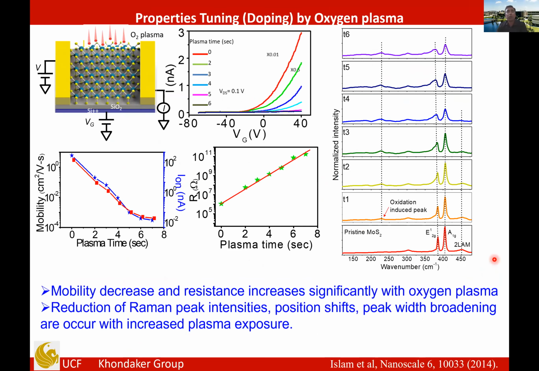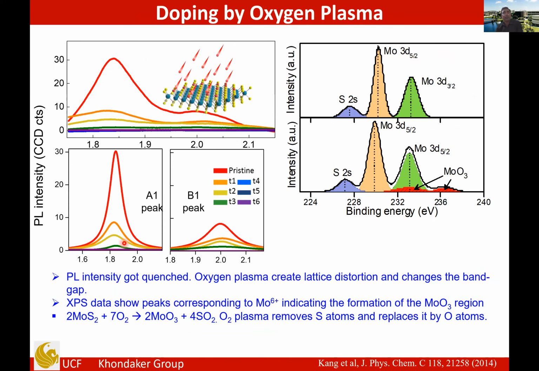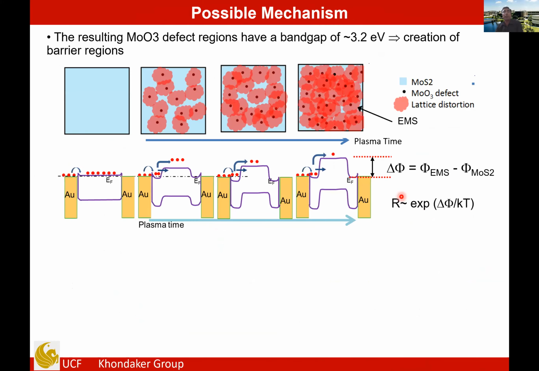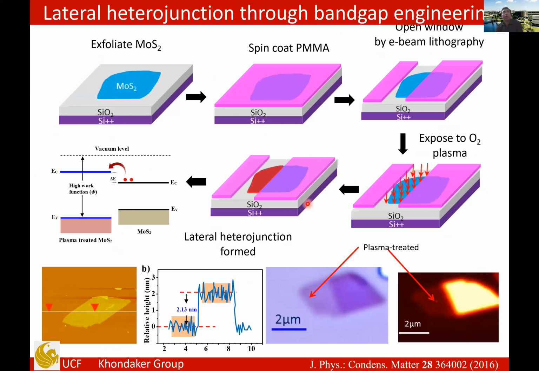In our group, we work on making devices. We do nanofabrication, and we are currently focusing on how to dope this material, and we use substitutional doping such as oxygen plasma to alter the material properties. I'm going to skip the details, but oxygen plasma does change the band gap of the material, and we could use that band gap changing situation by selectively doping a part of the material, but leaving the other part intact, and you can create a lateral heterojunction.